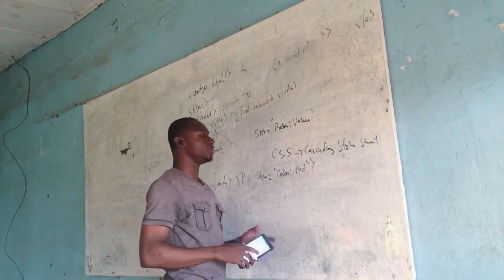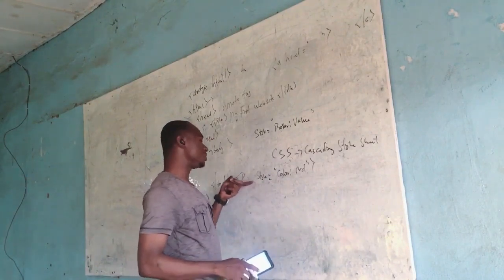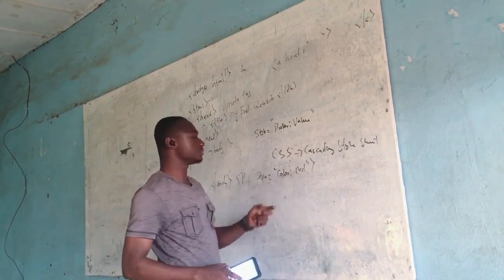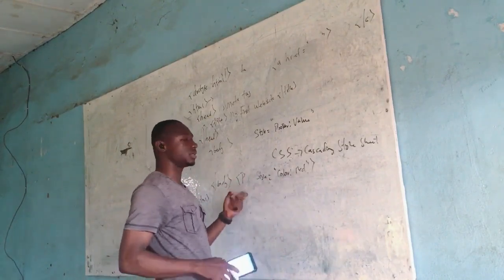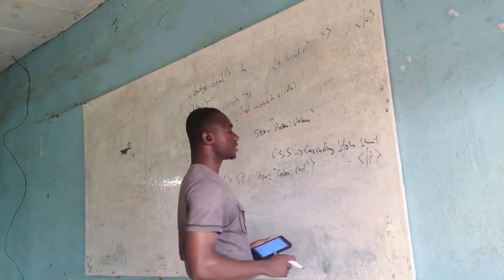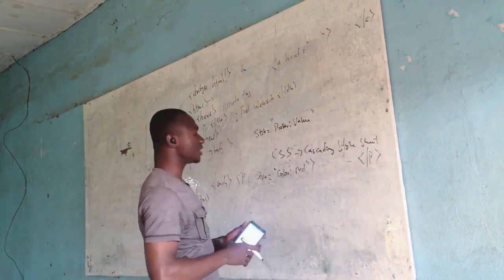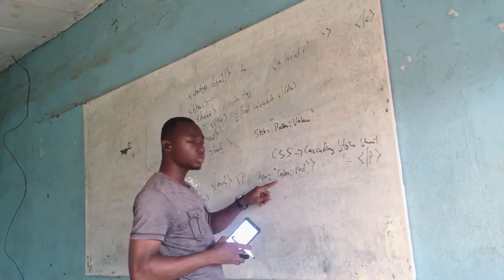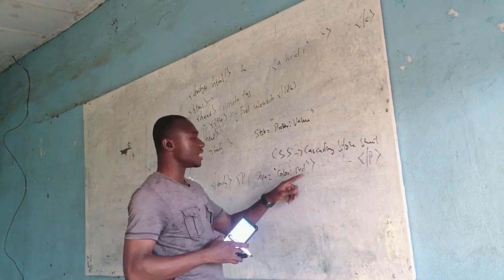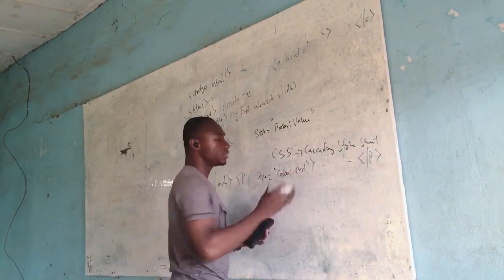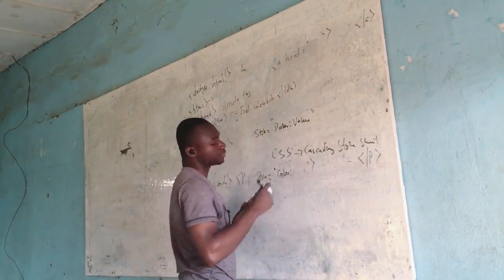Remember we said attributes should always be applied in the opening tag of any HTML element. You have style color red attached to the paragraph element. Then you have the content here, you close the paragraph element. And by the time you load this on the web browser, you will discover that color is the property and red is the value. So I think you can alter the value you have here to blue.